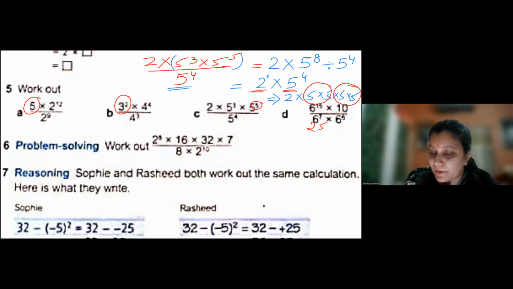Again, 5 into 5, we have 25. Multiplied by 2. 25 into 25, the square of 25 is 625 that we have. Now you can just multiply 2 with 625.